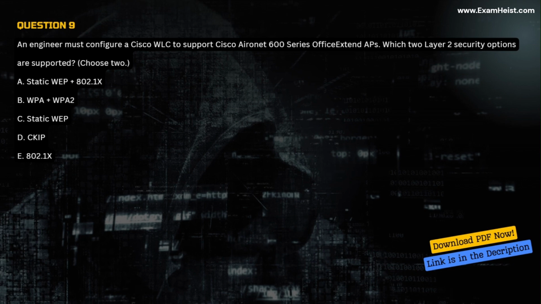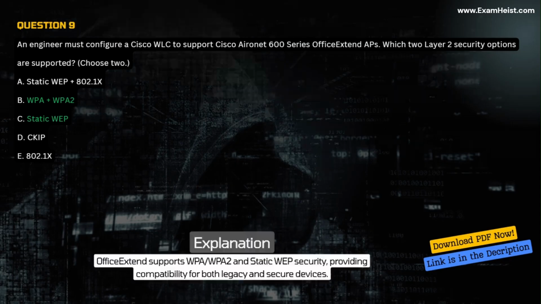D. CKIP. E. 802.1x. Correct answer B and C. WPA plus WPA2. Static WEP. Explanation. Office Extend supports WPA/WPA2 and static WEP security, providing compatibility for both legacy and secure devices.